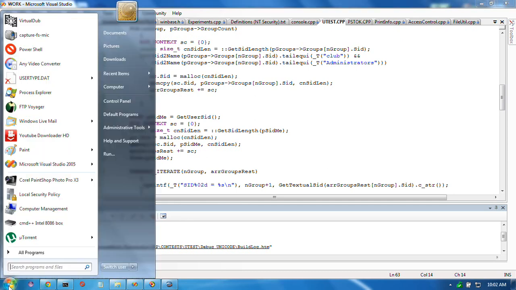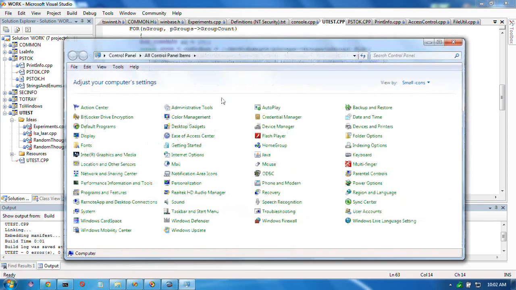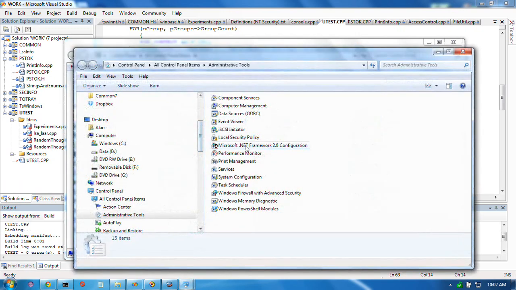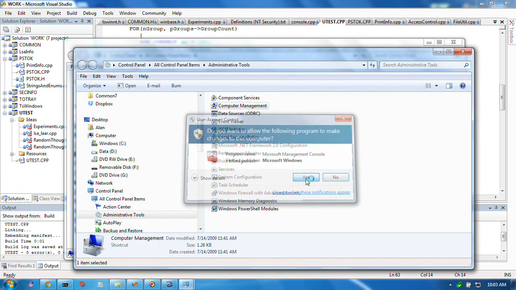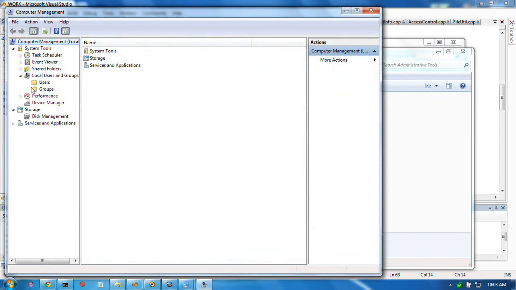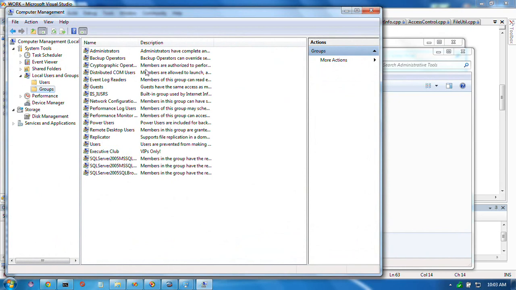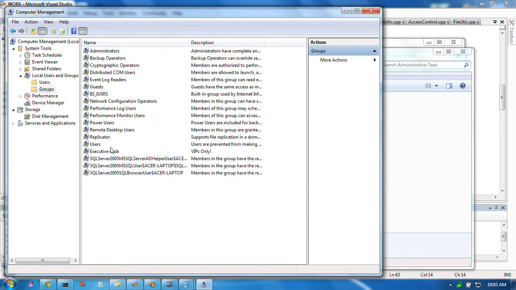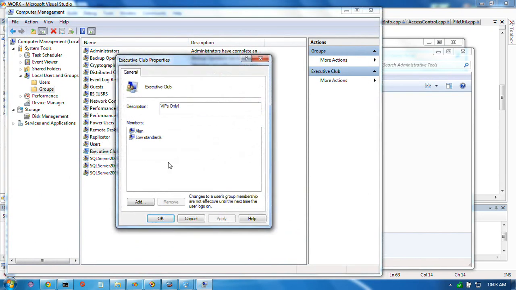Here's my setup. I try to come up with just anything that could make one thing more restrictive than another. Here's the executive club, okay?